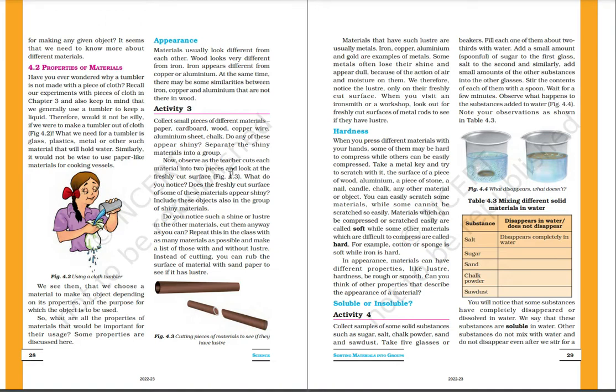Sometimes activities are not that useful, but this was a very useful activity and it explains a lot about appearance. So basically it talks about shine or luster and dullness. The activity states that we need to take different materials and cut them so that we can see the interior parts, the freshly cut surfaces inside the material. Like the pipe that is cut in this picture 4.3.